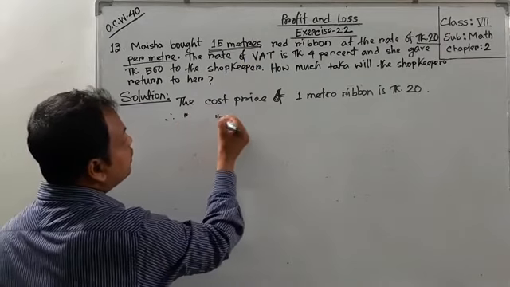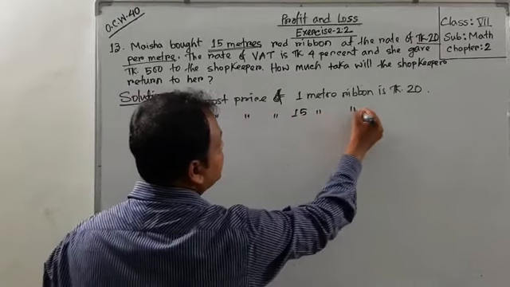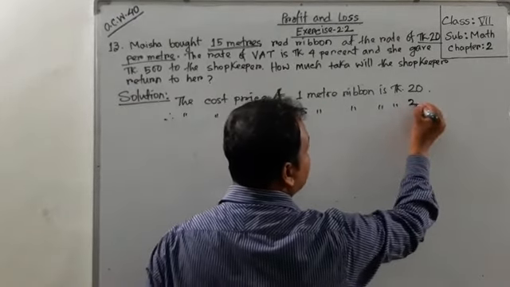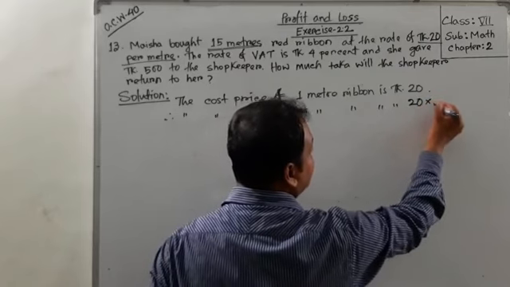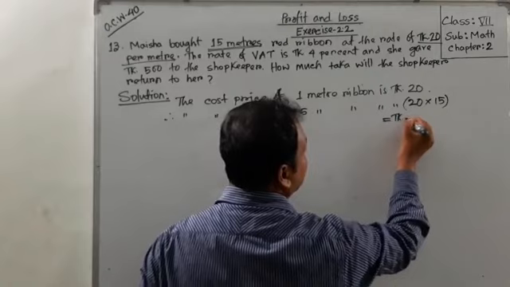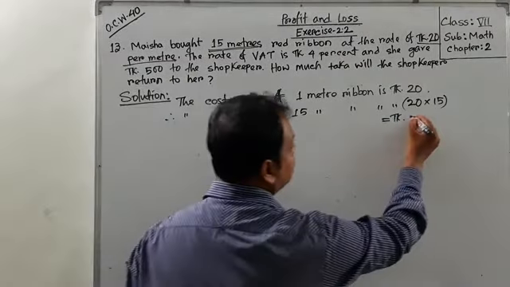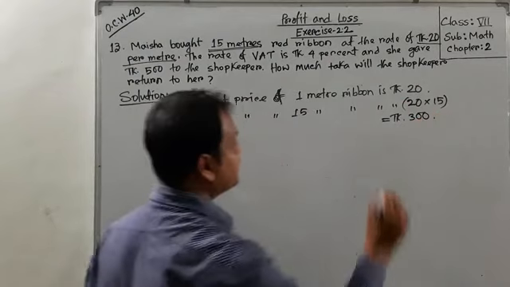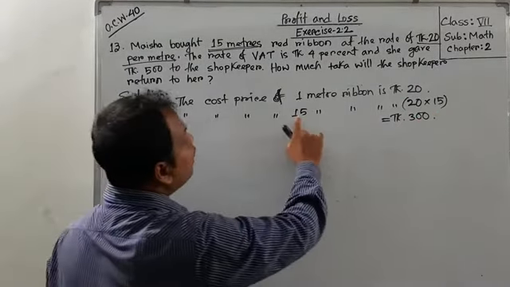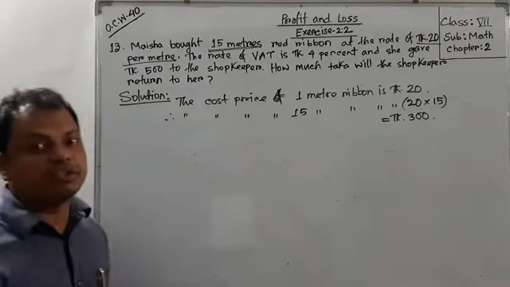Therefore, the cost price of 15 meters of ribbon is taka 20 multiplied by 15, which equals taka 300. So the cost price of 15 meters of ribbon will be taka 300.